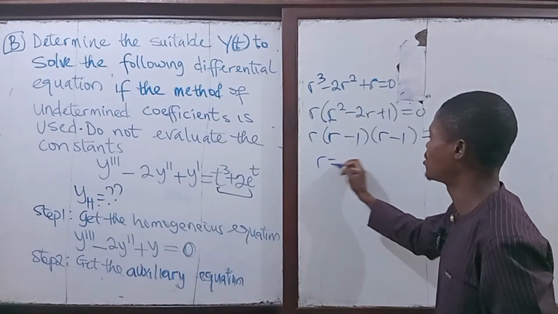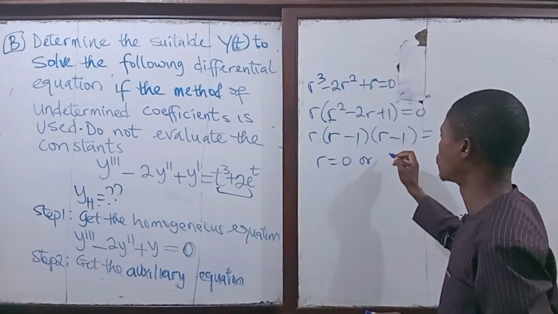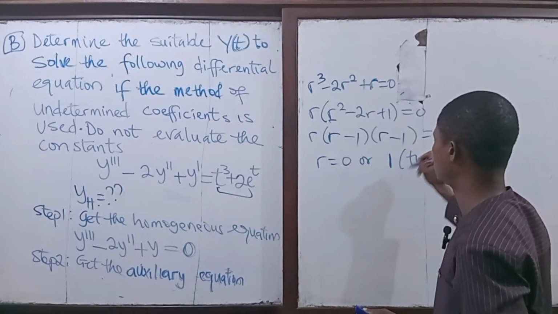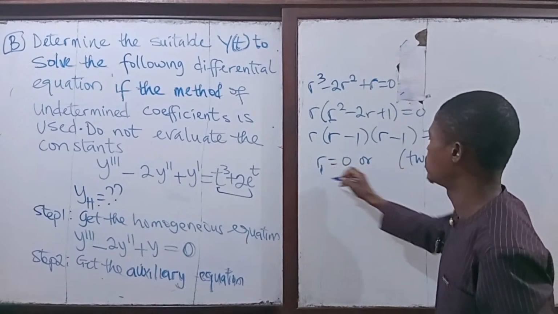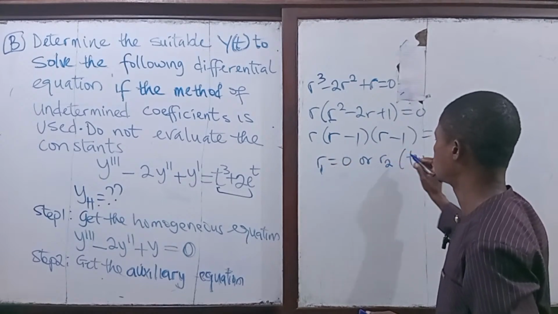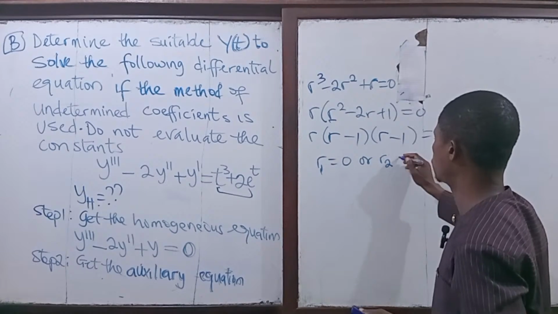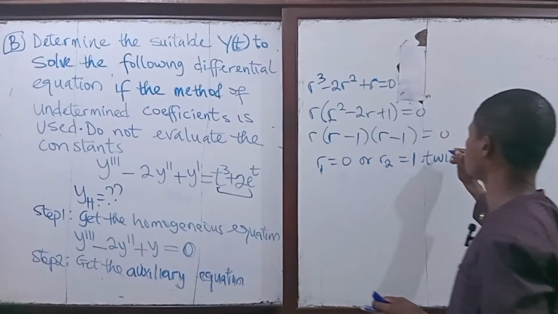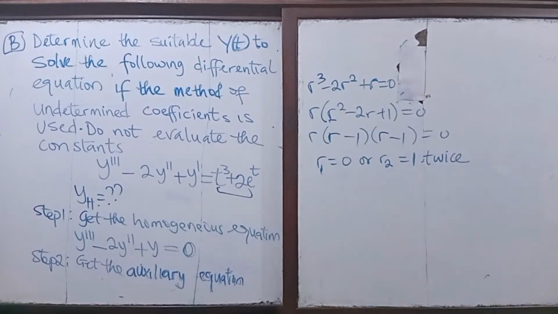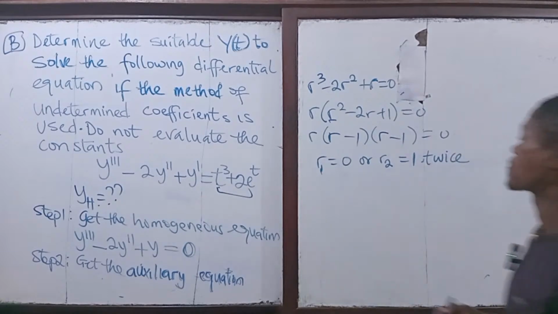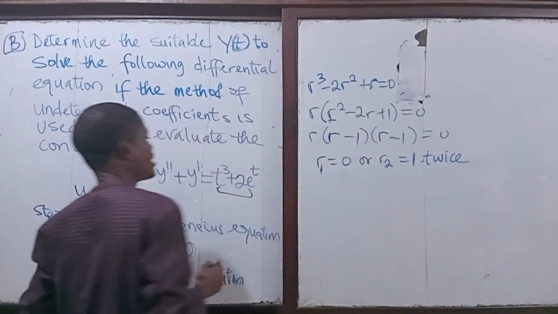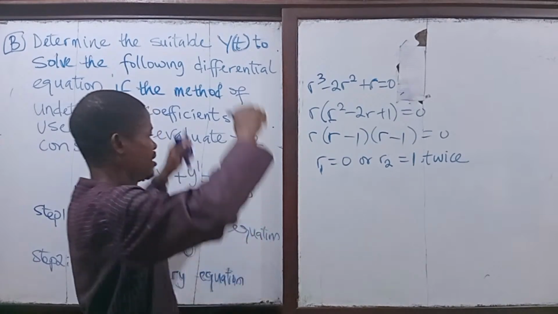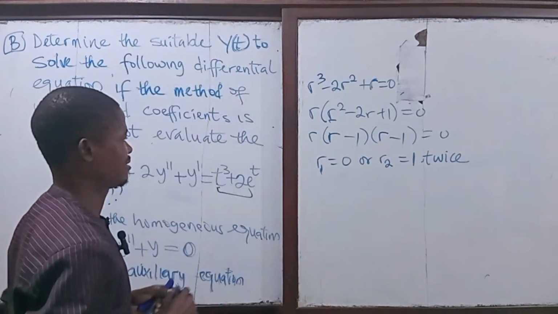This will give r equal to 0 or 1, and this one is repeated, it's twice. So call this one R1, the second one R2, which is equal to 1. That's twice, so it is a repeated root. So that's that in that case.